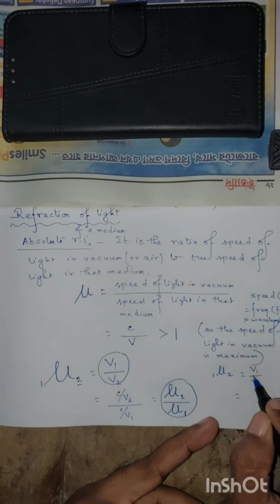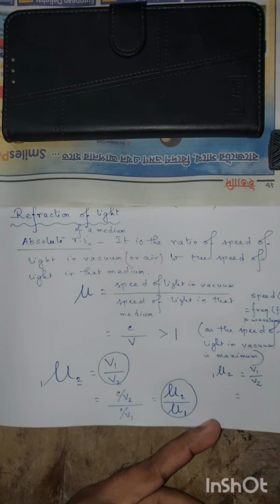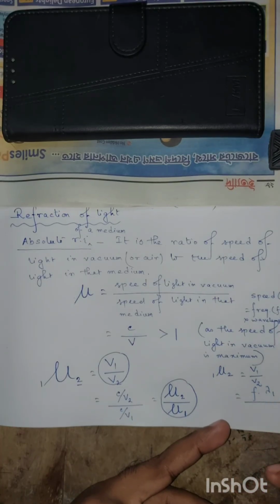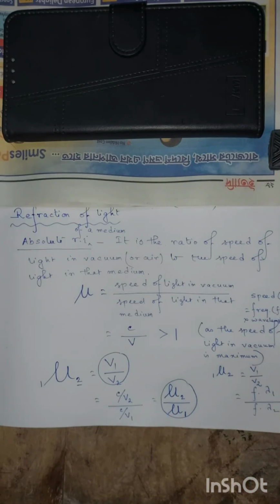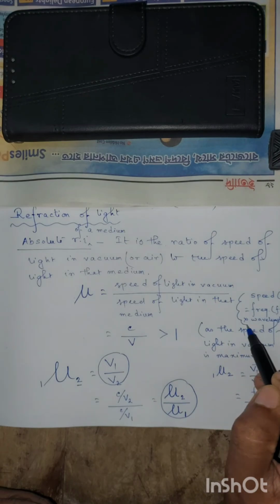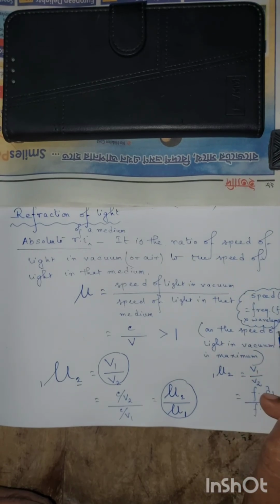So we can write in place of v1 f lambda 1 by, in place of v2 we can also write f into lambda 2. Here we are using this relation v equal to f lambda. We are substituting f into lambda 1 in place of v1 and f into lambda 2 in place of v2.